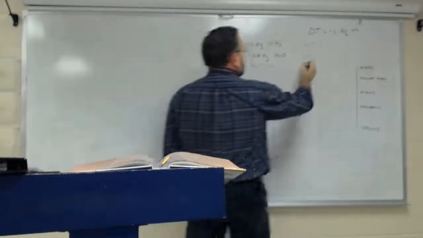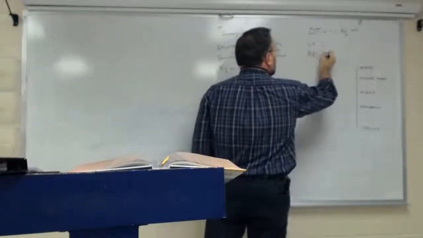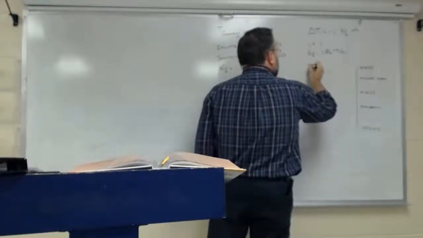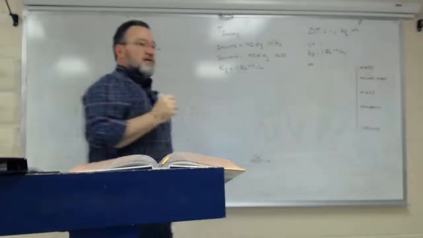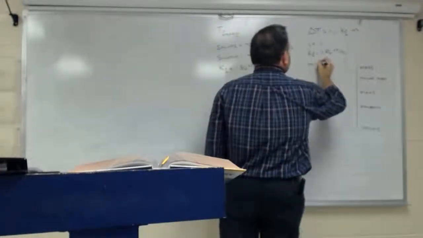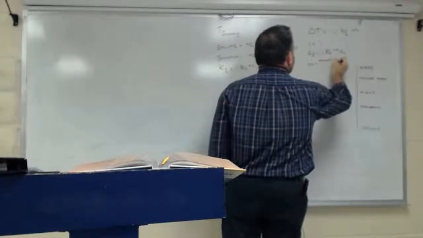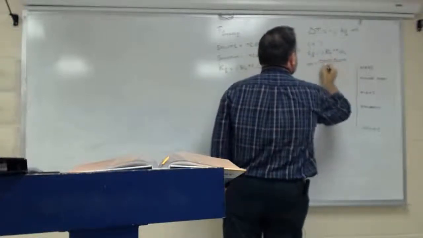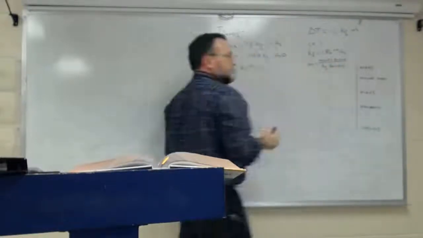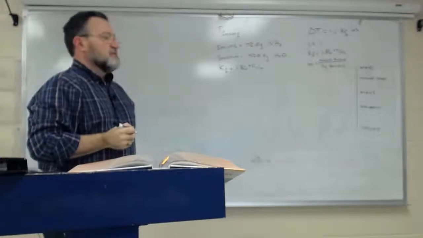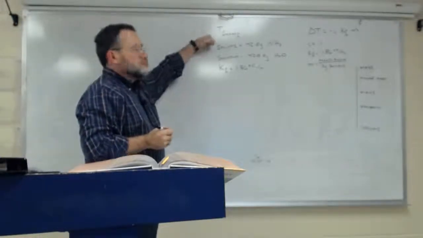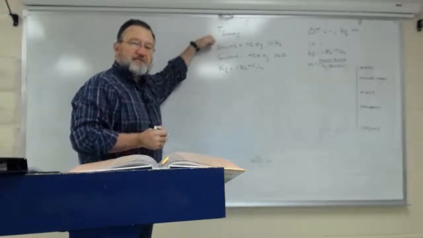K sub F, we've been given 1.86 degrees Celsius per molality. And molality, we need that for our formula as well. What is molality? It's the moles solute divided by kilograms of solvent. Right? That's our definition. Do we have moles of solute? No. We have mass of solute.